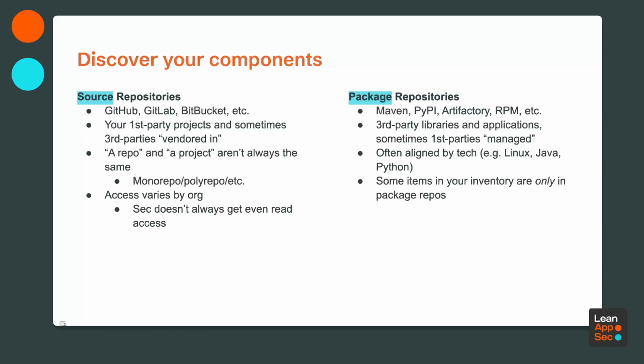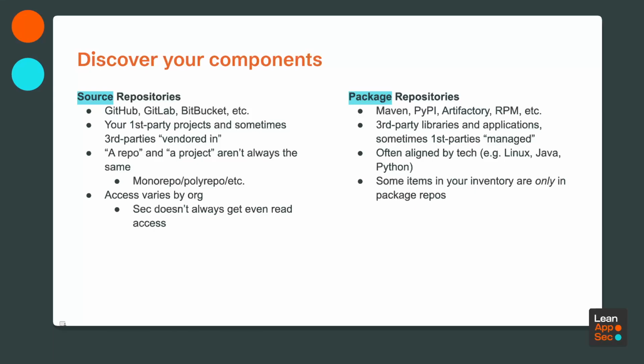It really can be just one thing. And so you have many projects, even though you only have one repository. So when you're looking for projects and software components inside these source repositories, you do have to bring a little bit of awareness that a repository and the components that you're analyzing aren't going to be one-to-one.